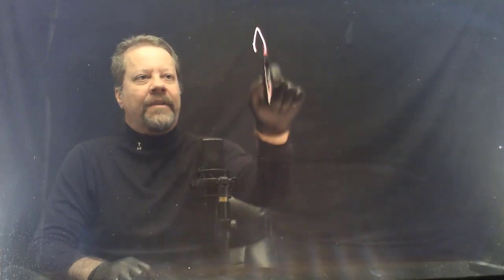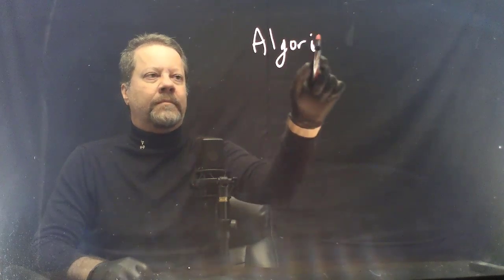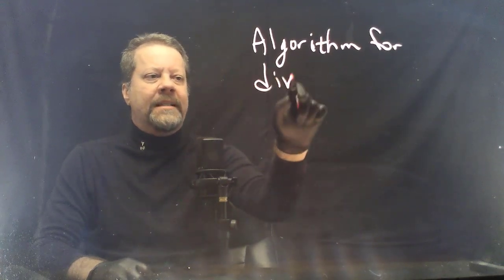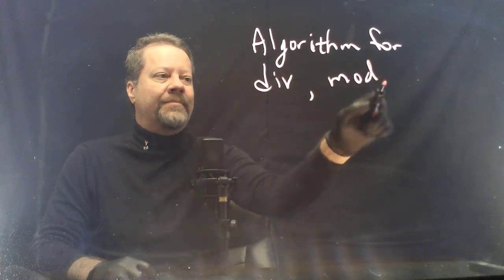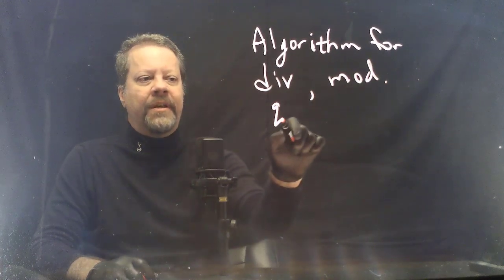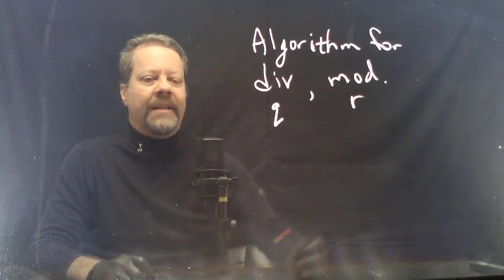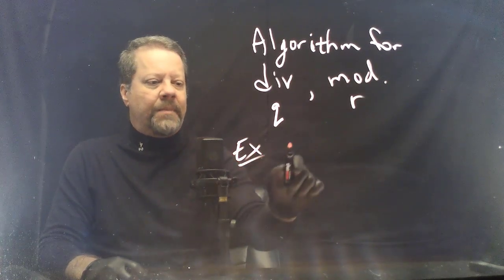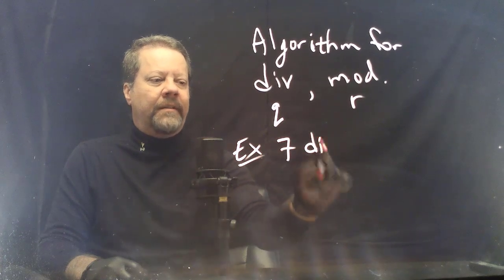Let's look at an algorithm for div and mod. Remember, div gives you the quotient and mod gives you the remainder. Suppose we're looking for 7 div 2.